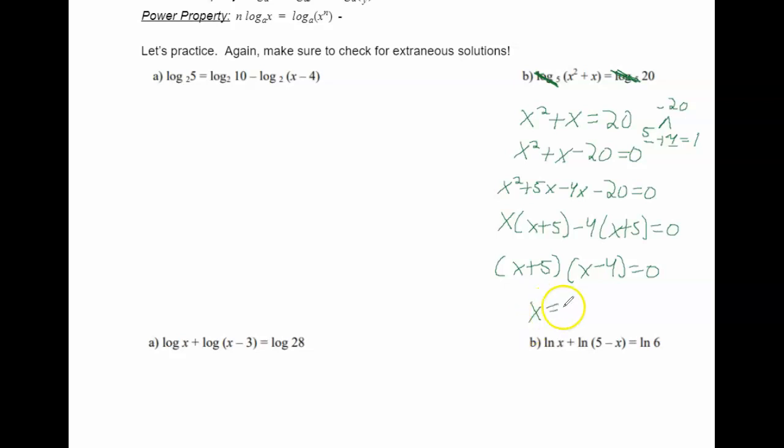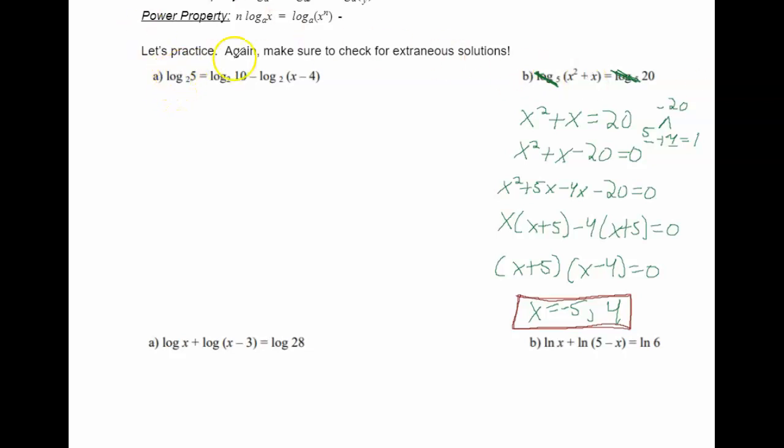So I'd have x equals -5 and +4. And if I think about it, if I put in a 5, I'd still come out with a positive log, and if I put in a 4, I'd come out with a positive log. So both of those work. I don't have any extraneous solutions.